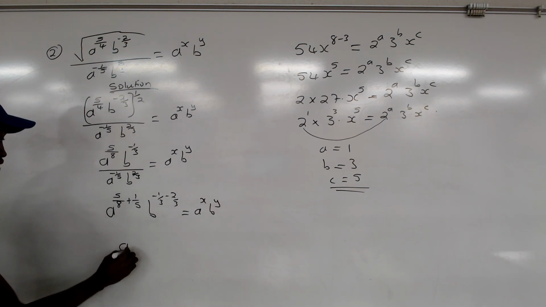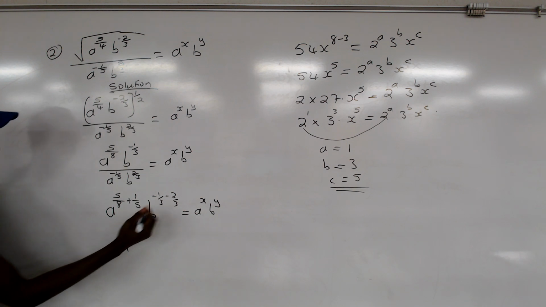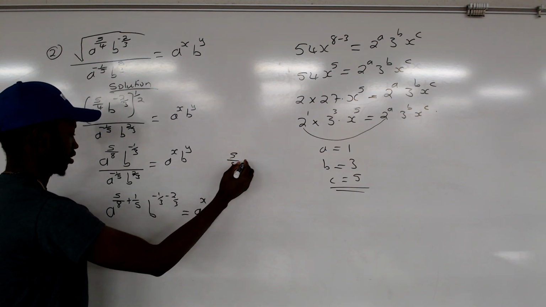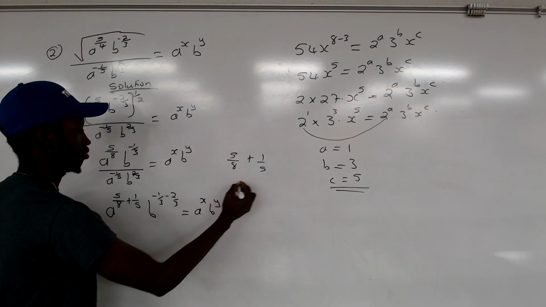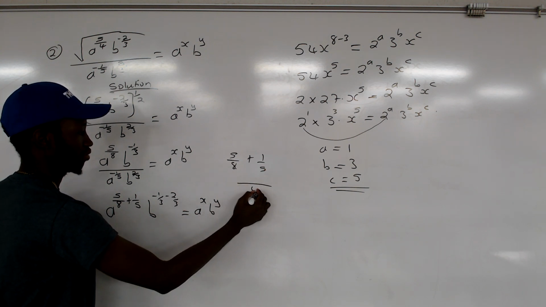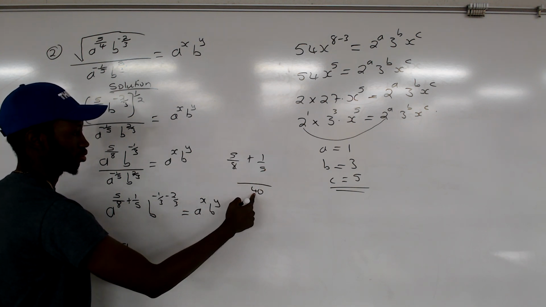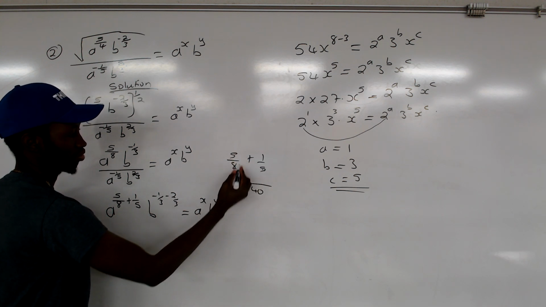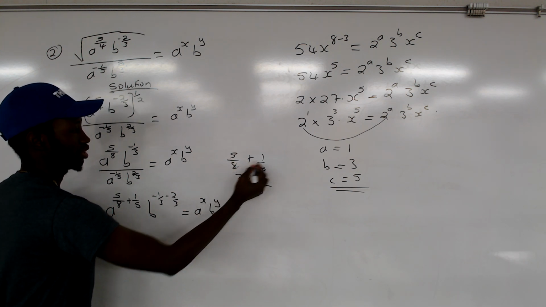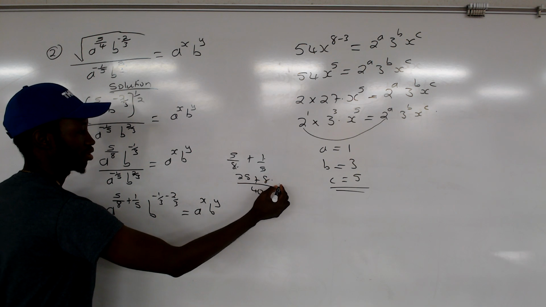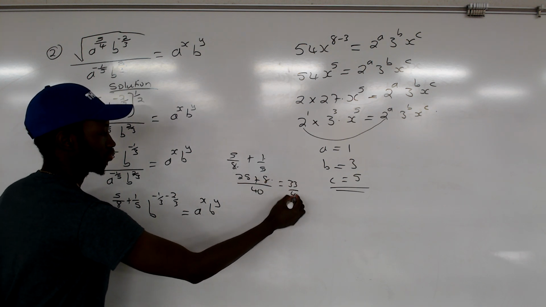So a raised to the power, we work with these two terms: 5 over 8 plus 1 over 5. The LCM of 8 and 5 is 40. 5 times 5 is 25, plus 8 times 1 is 8. 25 plus 8 is 33, so this gives us 33 over 40.